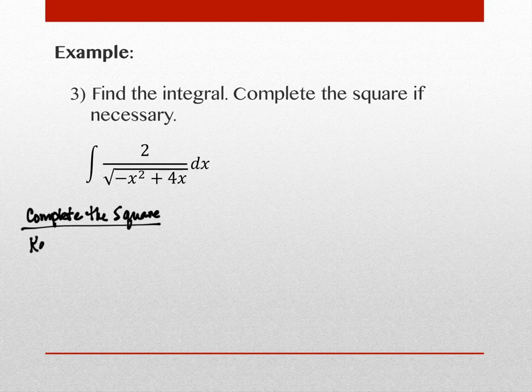So the key to completing the square is to take the middle value, divide it by 2, times any variable or any constant that's multiplied by the x squared term. So b divided by 2a, we will square that. So in our problem, our b value, let me put this over here just a second.